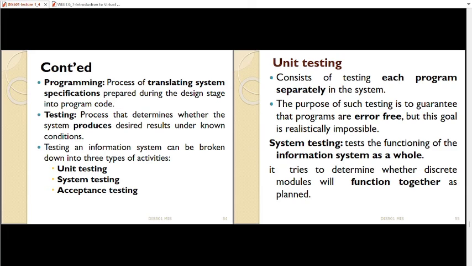We can have programming. Under programming, we're basically looking at developing this system using particular programming languages and all that. Once we have done that, we must always be able to test this particular system. That's why you have unit testing, system testing, and then acceptance. Nowadays, when you are developing a system, you like to approach the problem by dividing it into different modules.